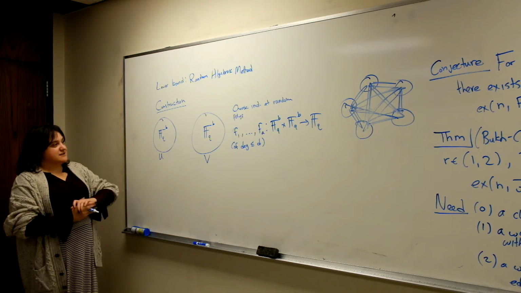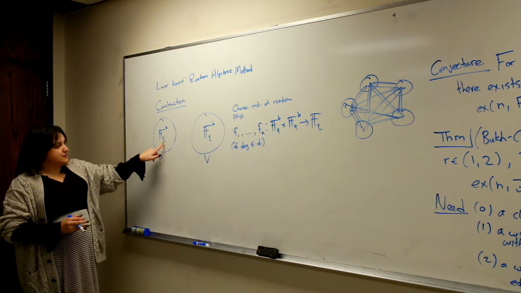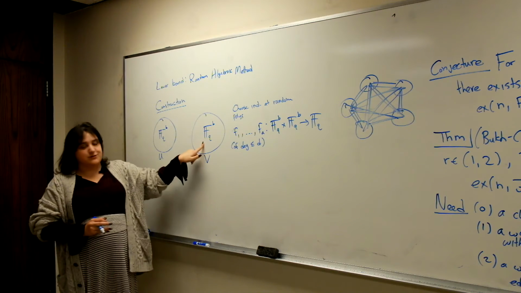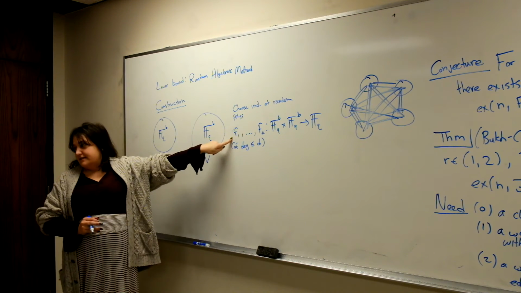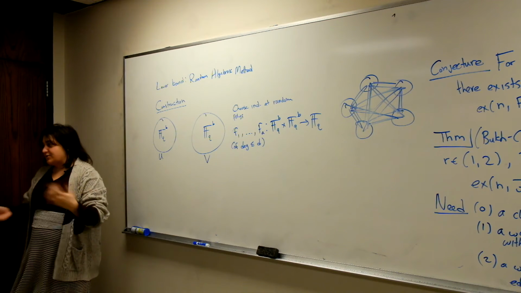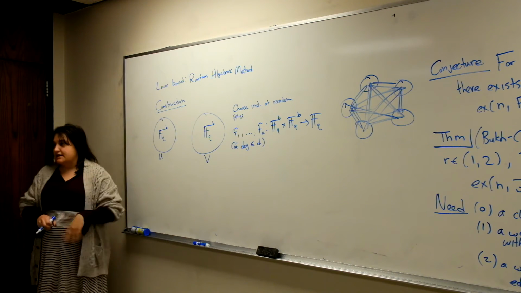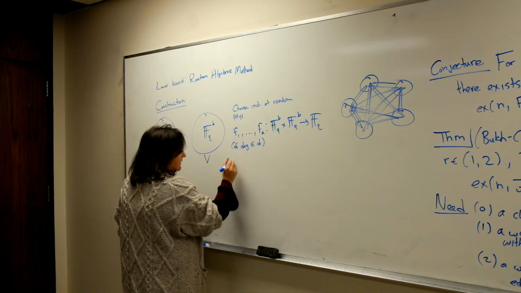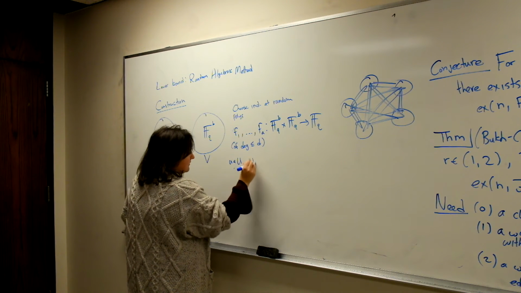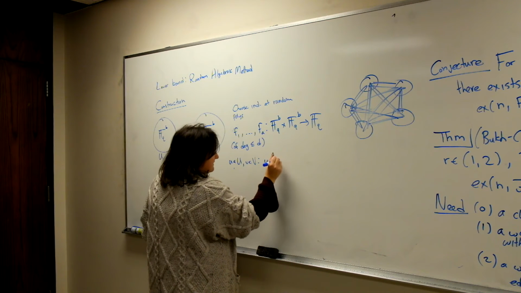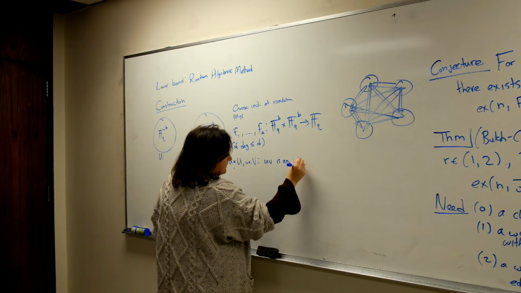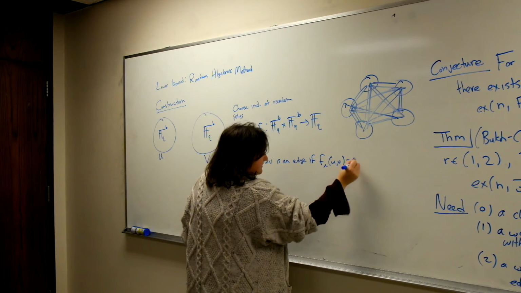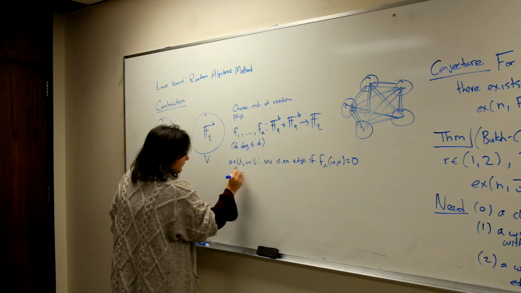Because as you can guess, I have two copies of F_q to the b here, so I could put in one vertex from U and one vertex from V to each of these f's, and then I'm going to assign edges to exist when something happens specifically for u in U and v in V. uv is an edge if f_i of uv equals 0 for all i.